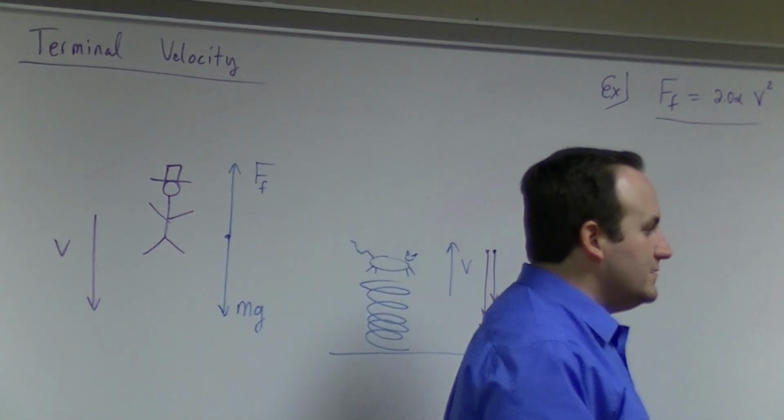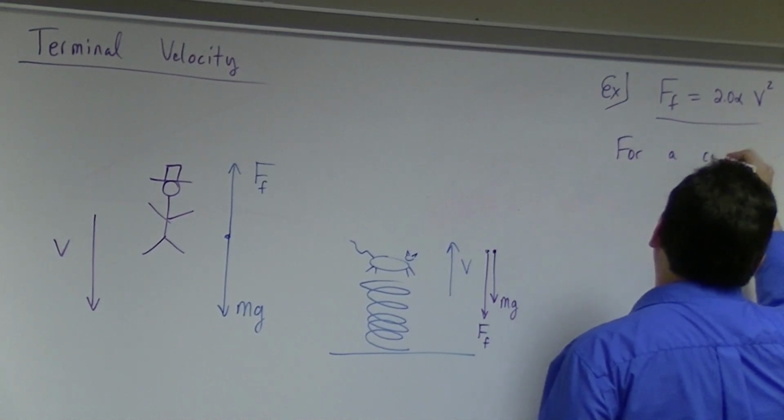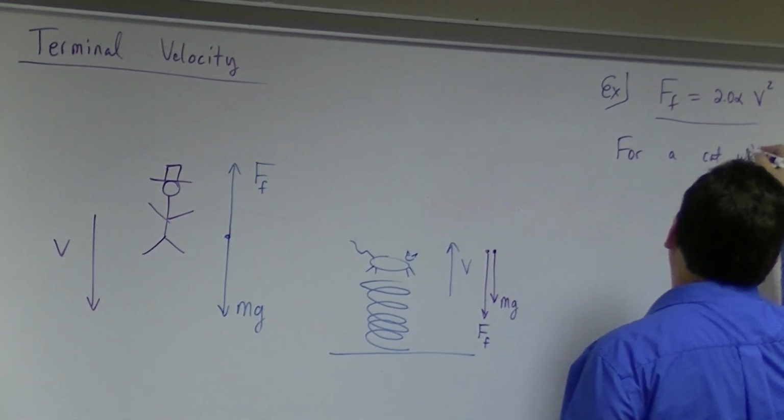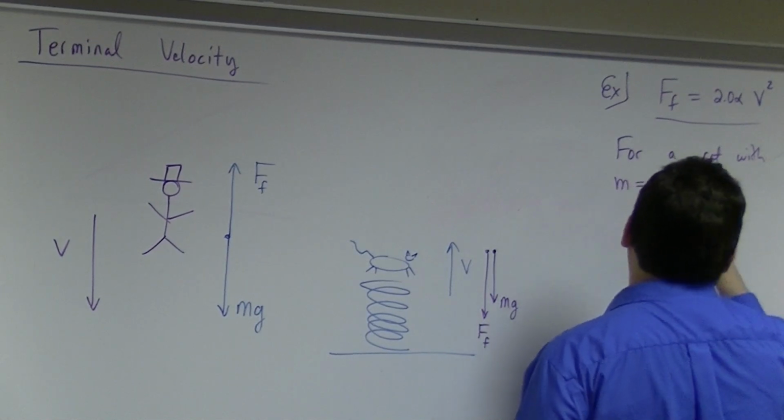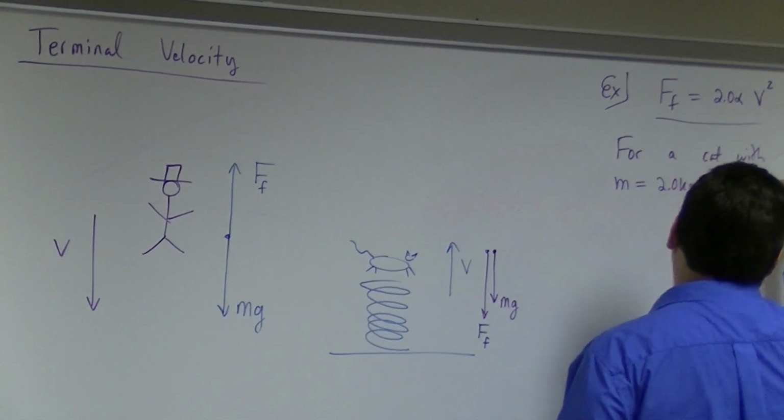Then the question would be, for a cat with mass, I don't know, 2 kilograms, what is terminal velocity?